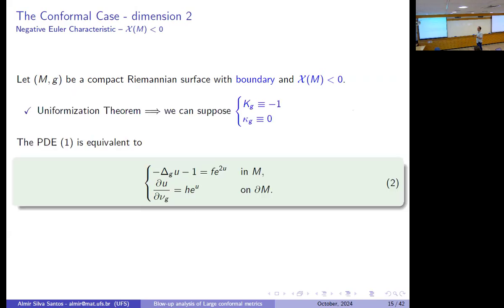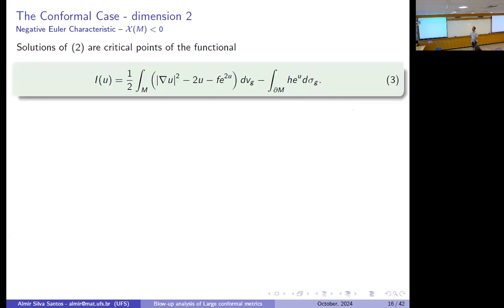Okay, so we want to study this PDE in the case of negative Euler characteristic. This PDE can be solved by finding a critical point of this function; the PDE is the Euler-Lagrange equation of this functional.